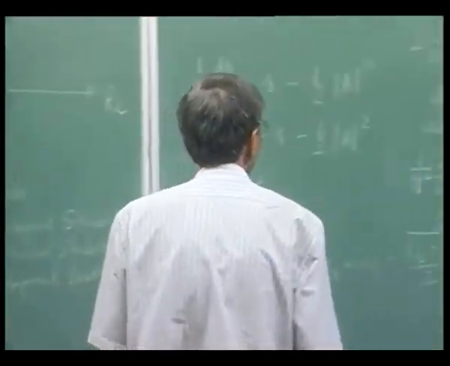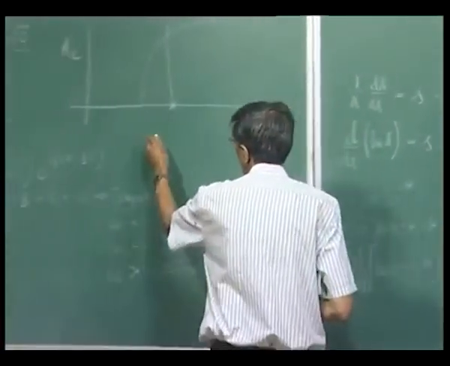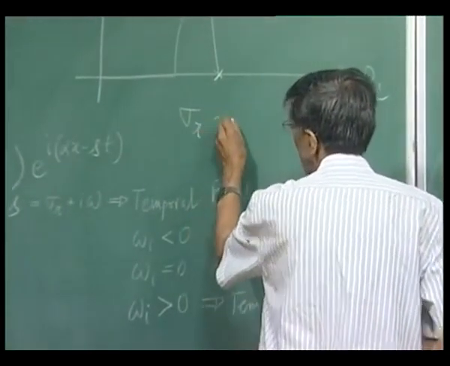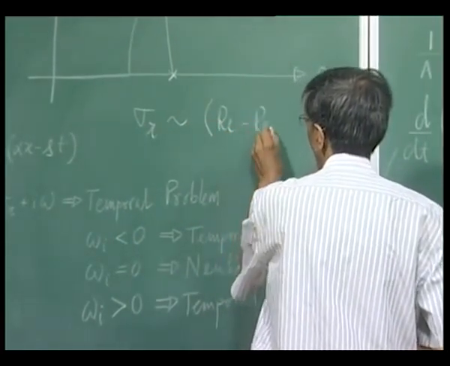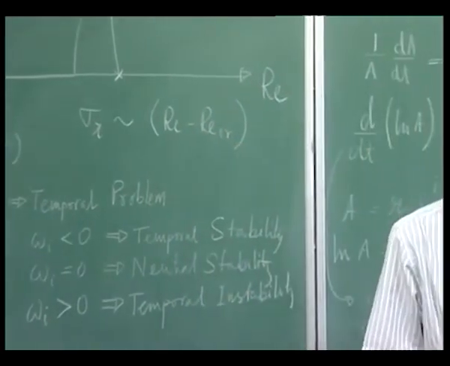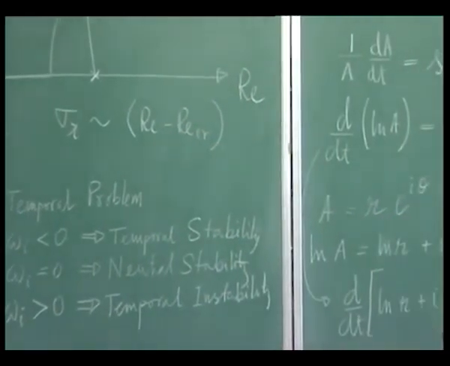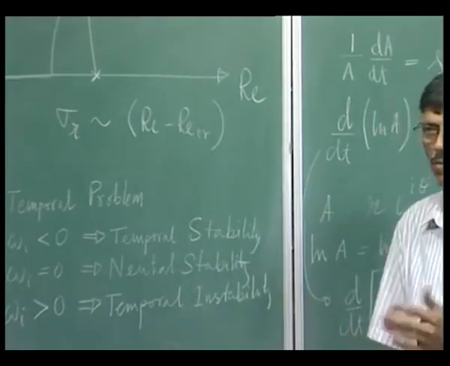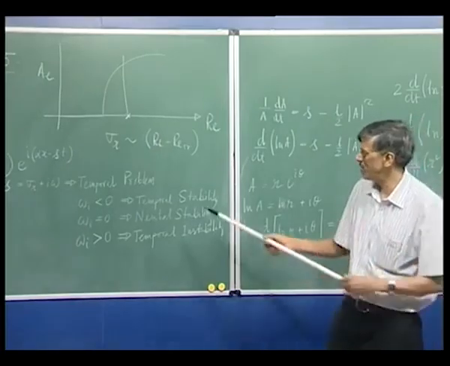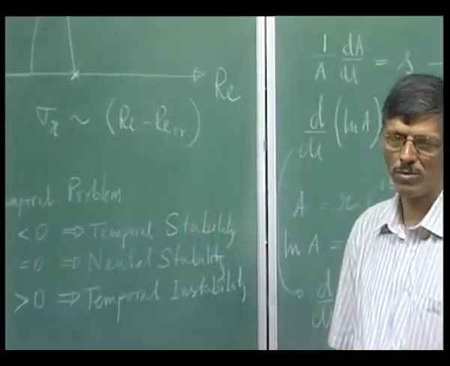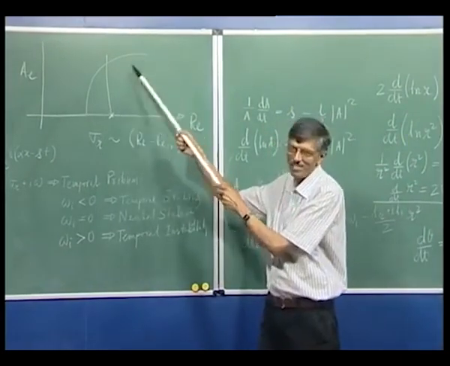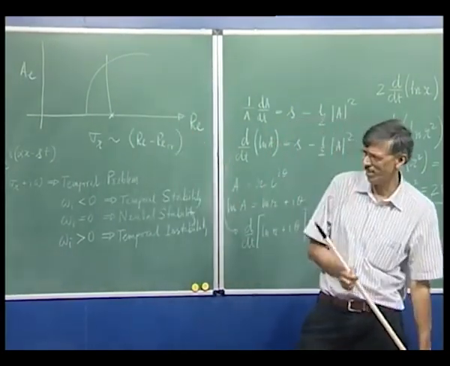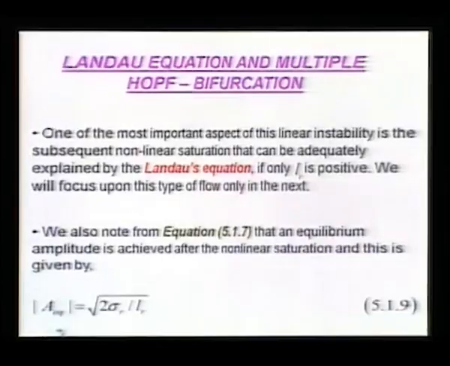So sigma_r that we are writing here should be proportional to Re minus Re critical, isn't it? Because flow will become more and more unstable as Reynolds number keeps increasing. And if sigma_r keeps growing like this, what happens to the equilibrium amplitude? It goes like this. And what is the nature of this curve? Parabolic. Because you can see here, AE goes as the square root of Re.